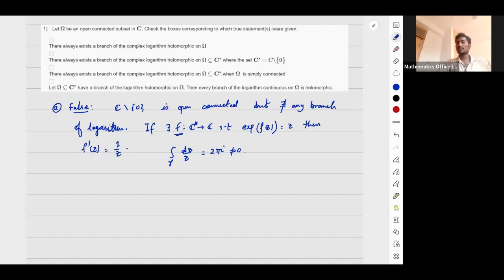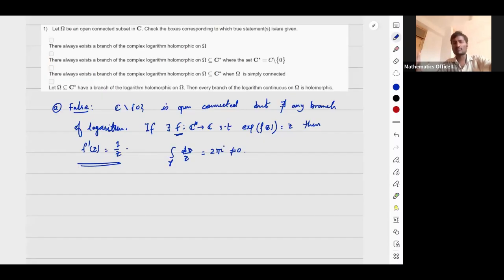But when we say that it is having an antiderivative, for example, f is an antiderivative of 1 by z, then it should be 0 by the first fundamental theorem of calculus.